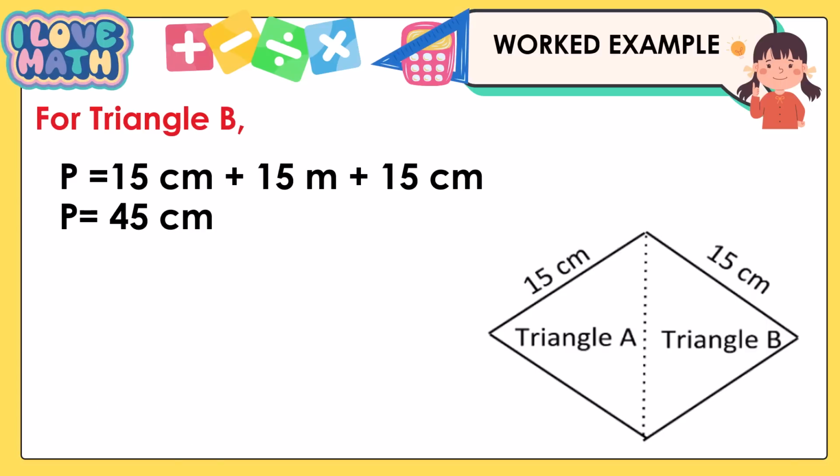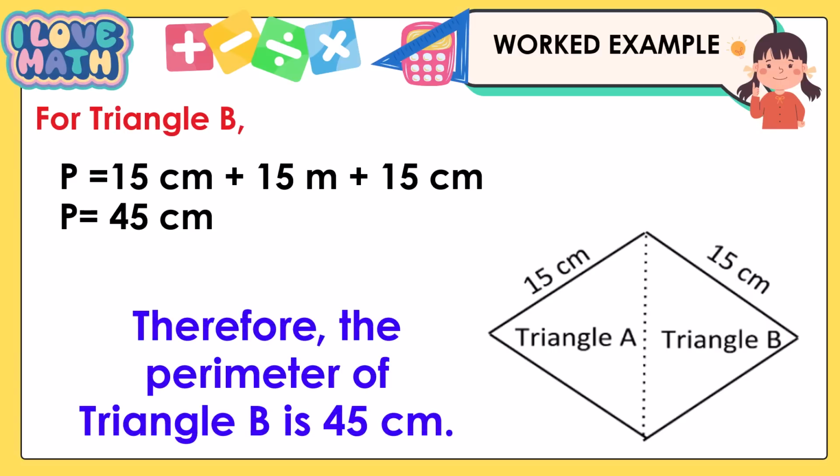For triangle B, P is equal to 15 centimeters plus 15 centimeters plus 15 centimeters. P is equal to 45 centimeters. Therefore, the perimeter of triangle B is 45 centimeters.